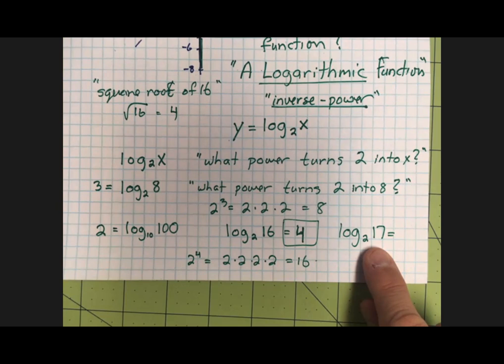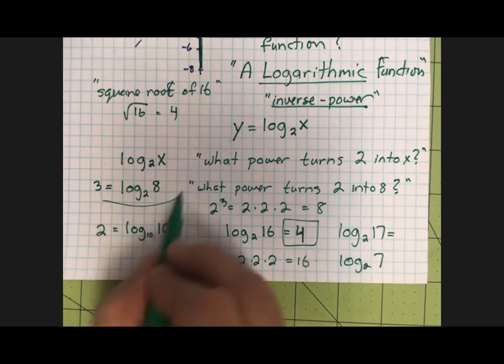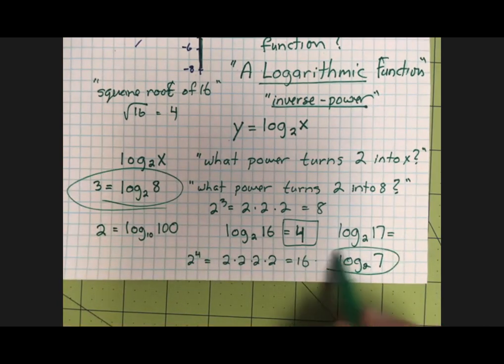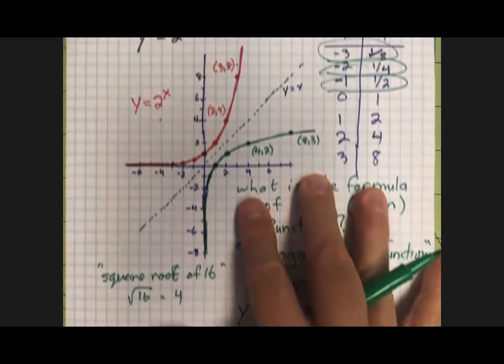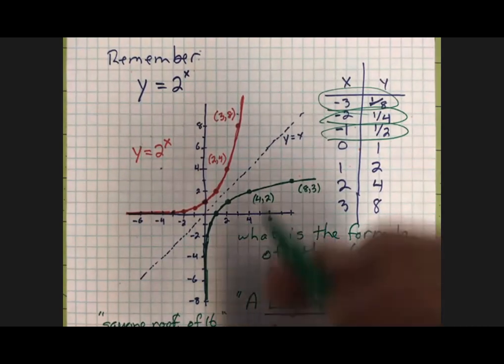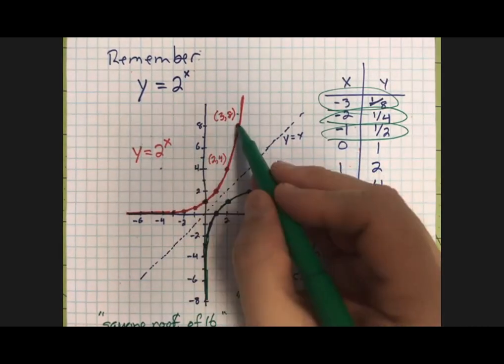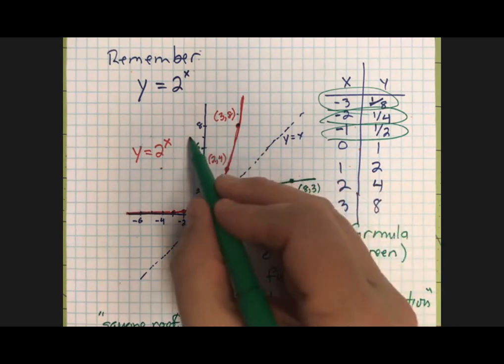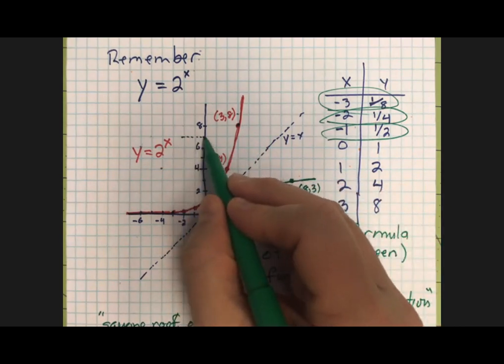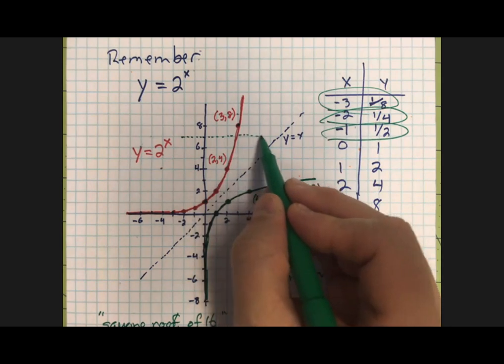But is it impossible? What's the log base 2 of 7? You know the log base 2 of 8 is 3. So what power turns 2 into 7? Let's go back to your graph. 2 to the third is 8, and you want to know what power gives you 7.